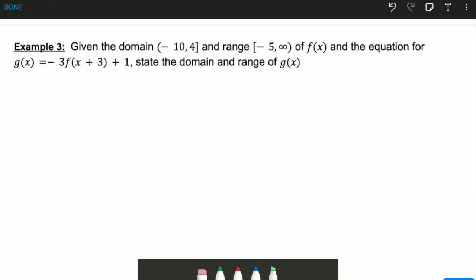So in example 3, given the domain between negative 10 and 4, with 4 being included, and the range between negative 5 and infinity, with negative 5 being included, of f of x, and the equation for g of x is negative 3 times f of, in parentheses, x plus 3, and we have our plus 1 outside. State the domain of g of x.